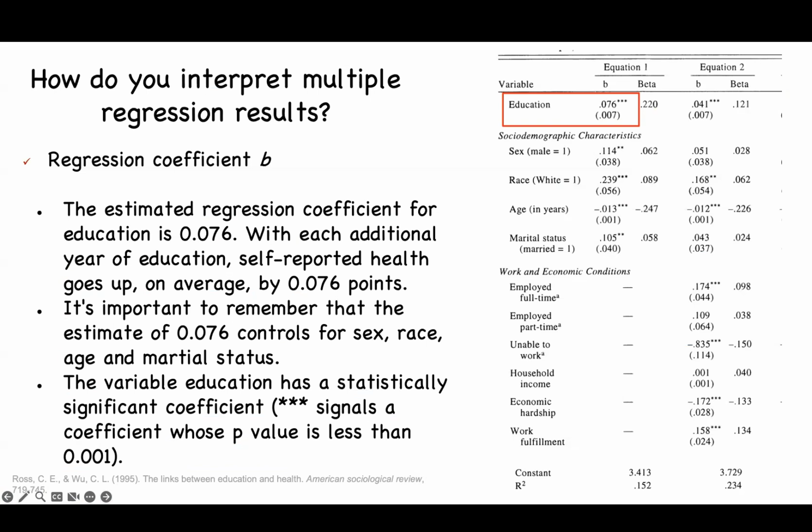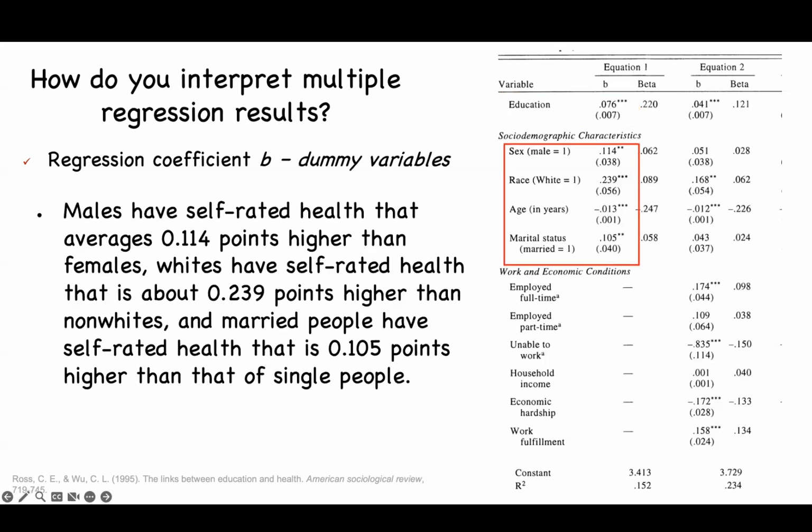It's important to remember the estimate of 0.076 controls for sex, race, age, and marital status. The variable education has a statistically significant coefficient. You can see it's marked with 3 stars here, which signals a coefficient whose p-value is less than 0.001.